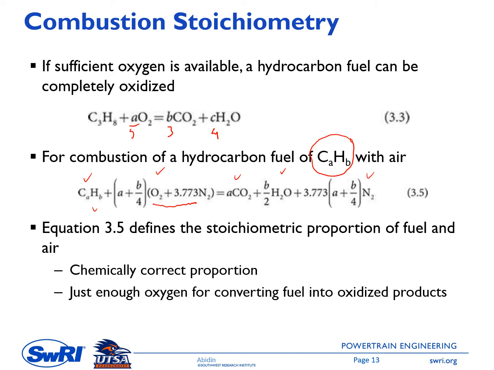So this equation 3.5 defines the stoichiometric proportion of fuel and air. In this case, we have a chemically correct proportion of fuel and air. Therefore, it's also called a stoichiometric reaction. It also means here that we have just enough oxygen for converting fuel into oxidized products.